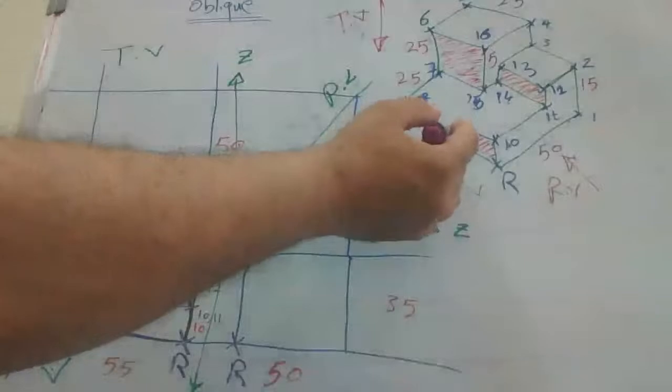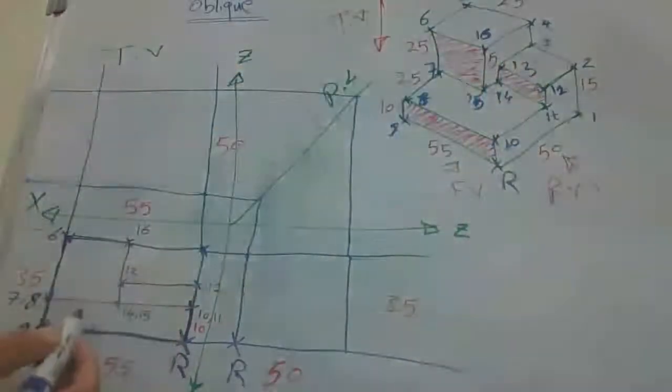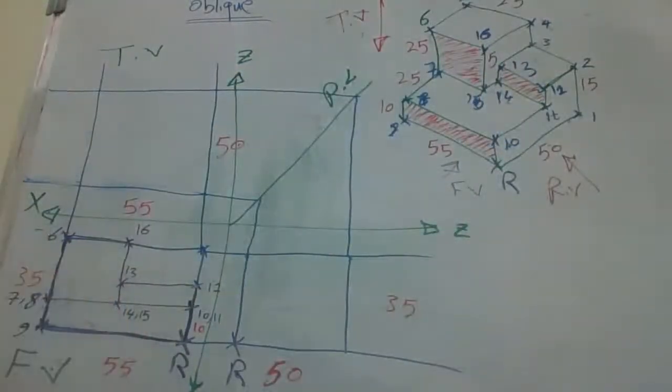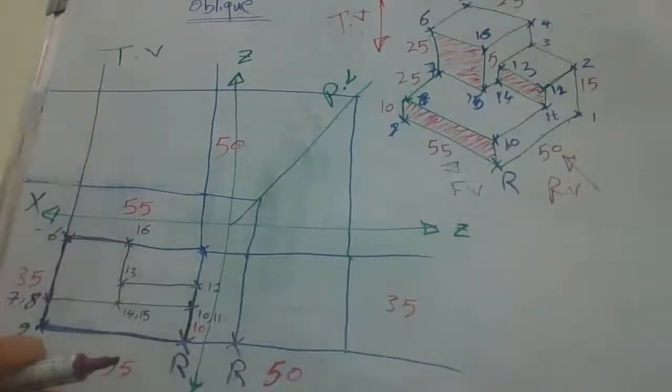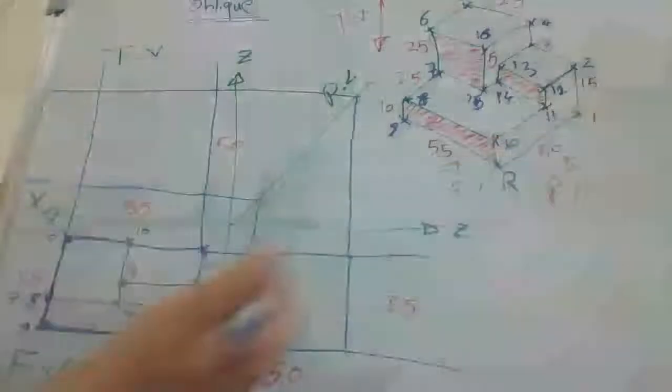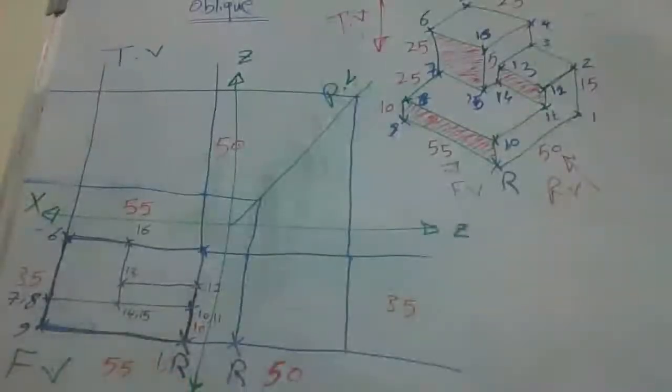Now we have three surfaces, one, two, three. We have also three surfaces, one, two, three. Now all points must appear or sit in all projection planes. Let us see here. R1, one is behind R1.